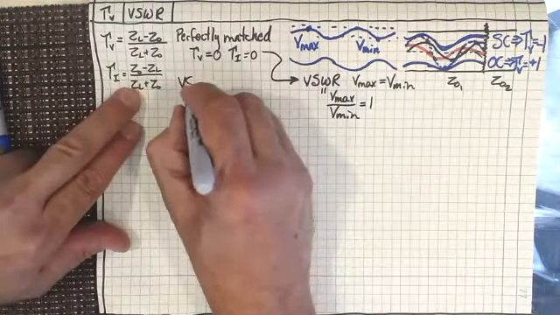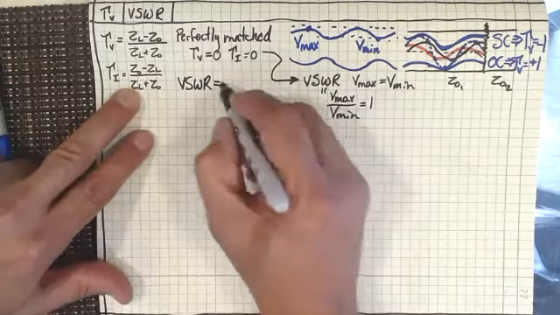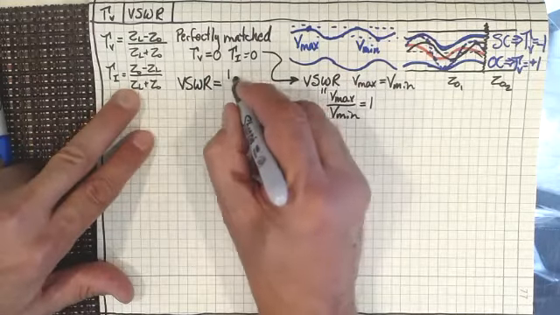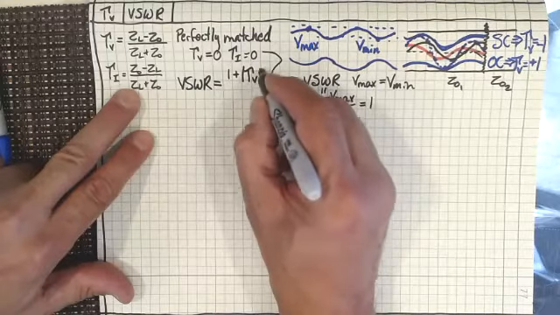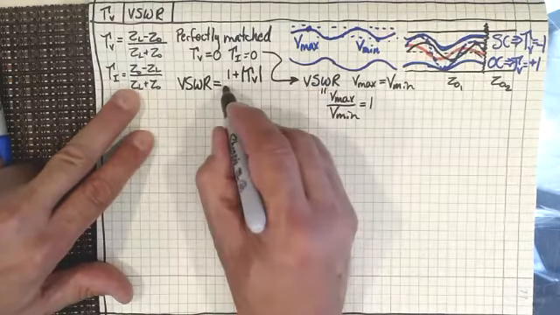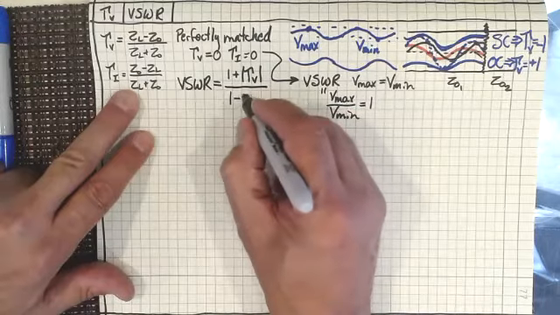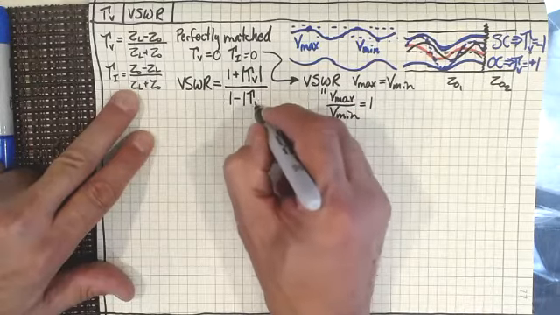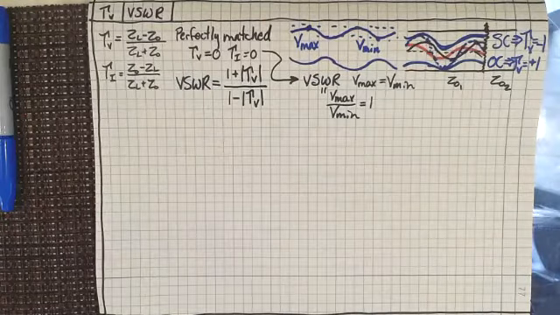My voltage standing wave ratio is 1 plus the absolute value of my reflection coefficient divided by 1 minus the absolute value of my reflection coefficient.